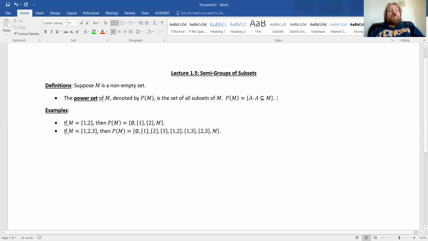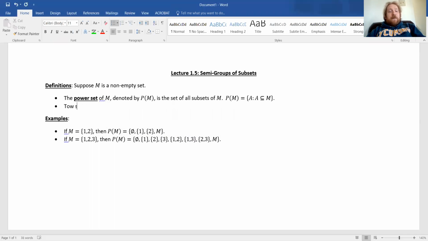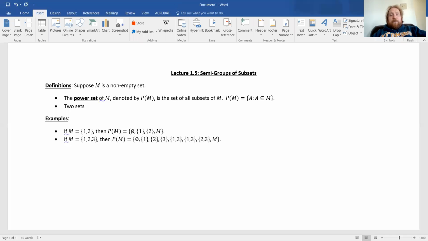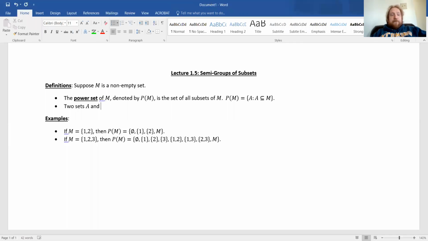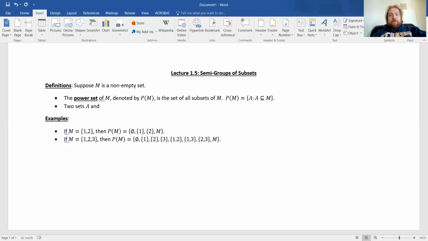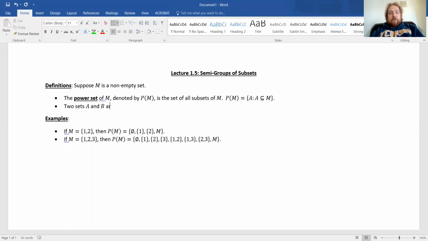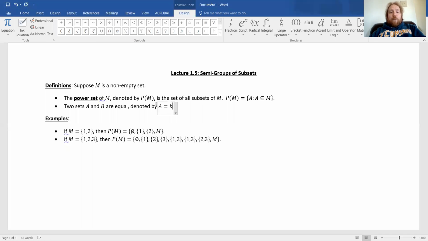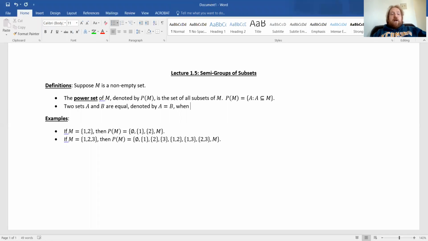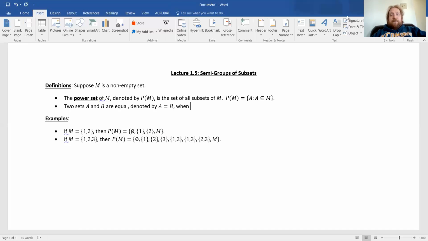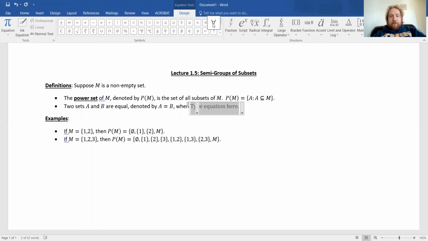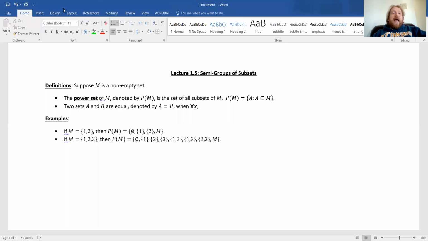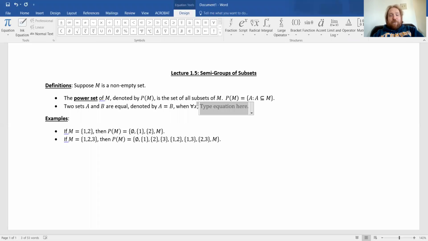So now we need a notion of equality. So two sets A and B are equal, denoted by A equals B, when for every X, X is in A if and only if X is in B is true.